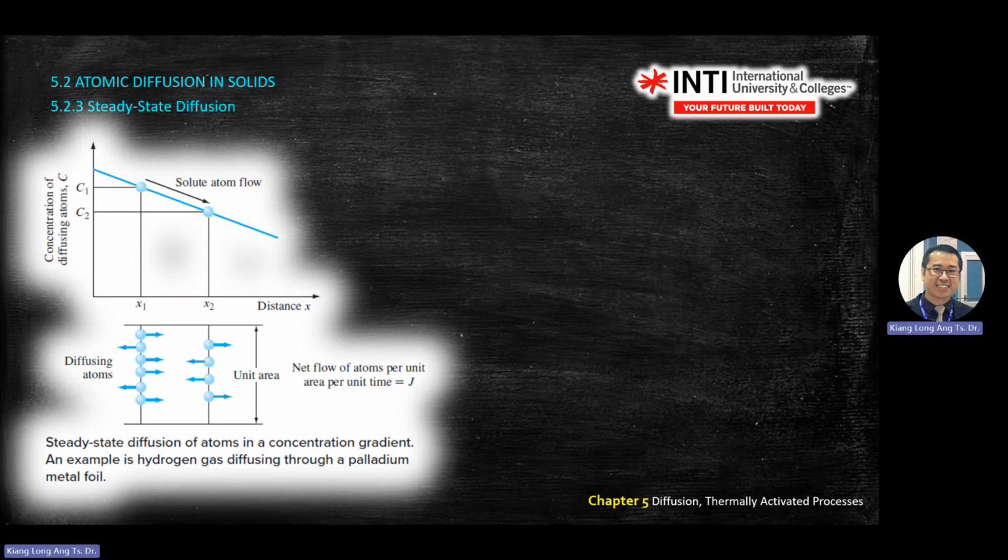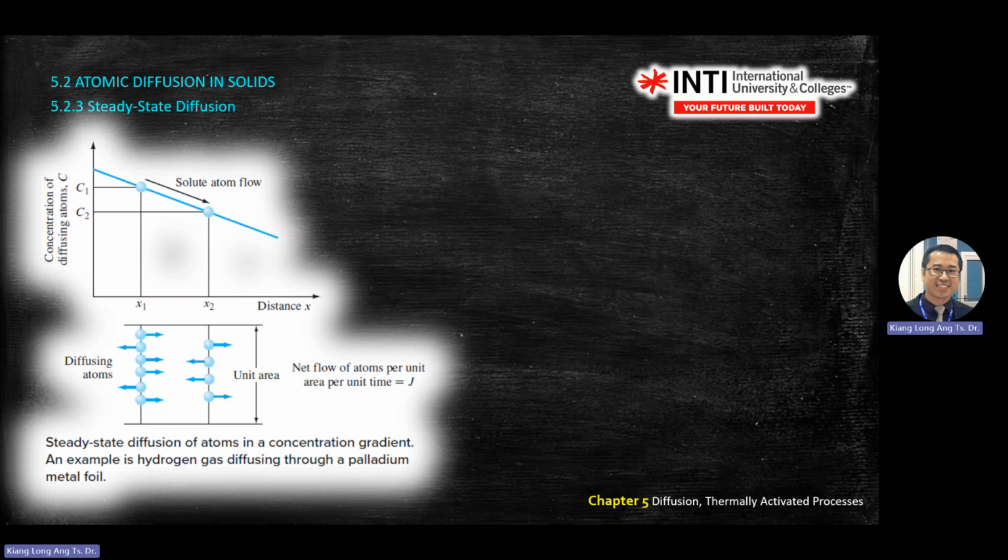Okay. Now, this graph is important. Steady state diffusion means the process happens in a very stable, controlled manner. Look at the top graph. The y-axis is the concentration of diffusing atoms, C1 to C2, and this one is the distance, x1 to x2.